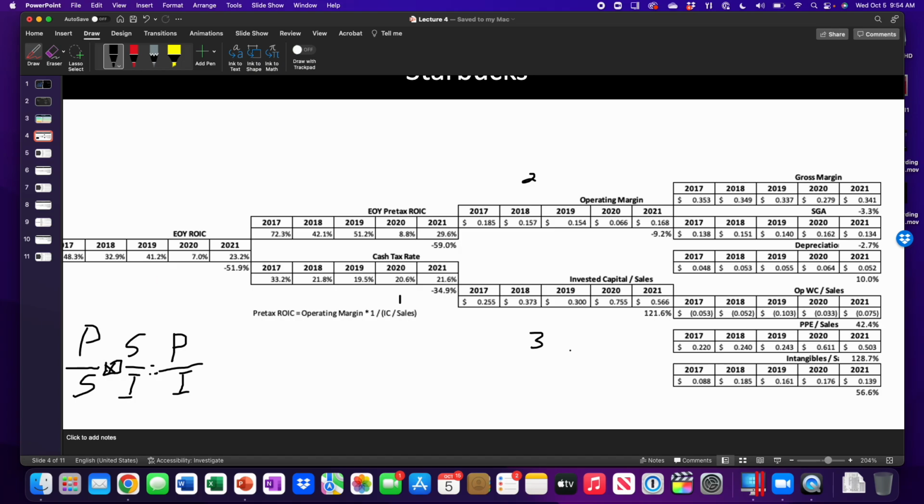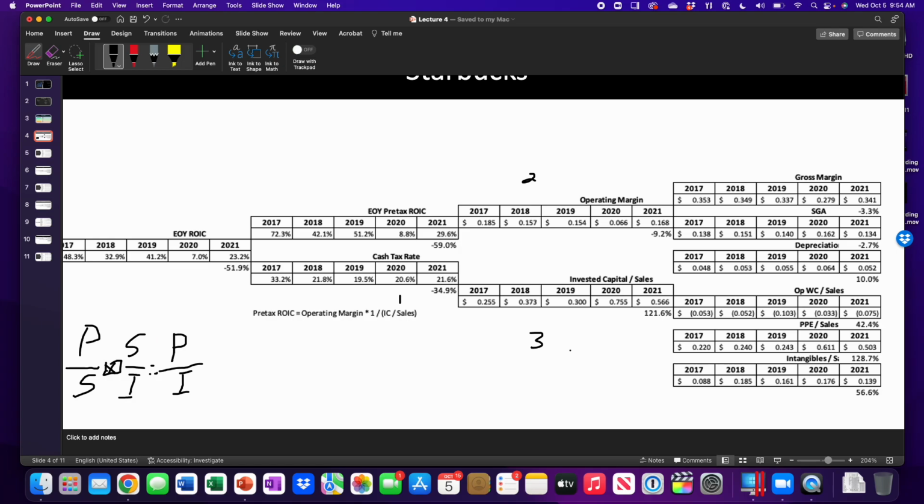OpWC to sales is operating working capital as a percentage of sales, plus property, plant, and equipment, the buildings, land, and equipment inside them, as a percentage of sales, plus spending on intangibles to sales, mostly goodwill. Add those three together, you get invested capital to sales.